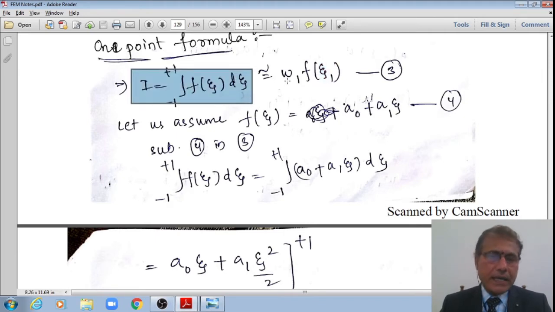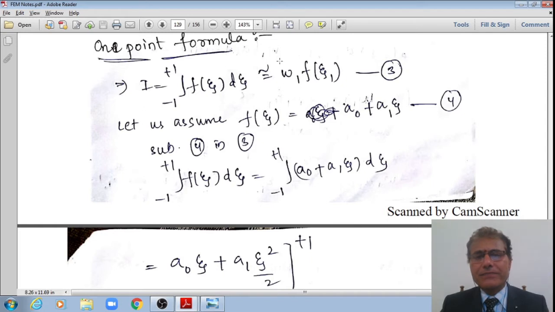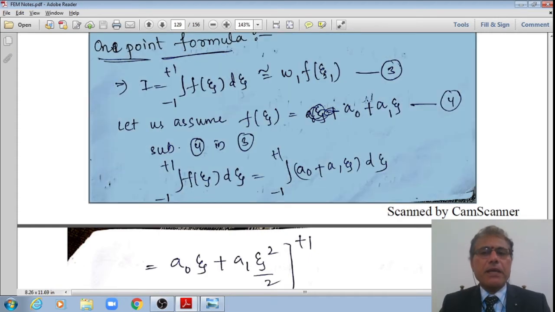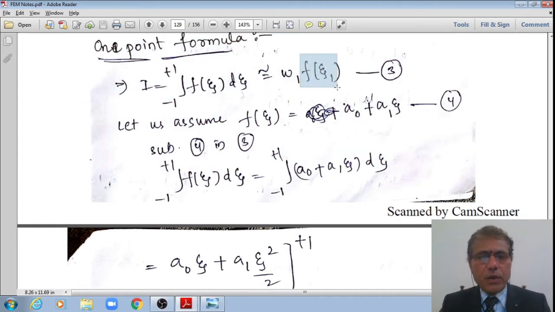Using numerical integration, please make a note that we are not doing any integration, students. I am not doing any practical integration as we used to do in mathematics. I am just substituting the weighting function value, the weightage factor, multiplied by the function value at a sampling point ξ1, ξ2, and so on, using so many points.